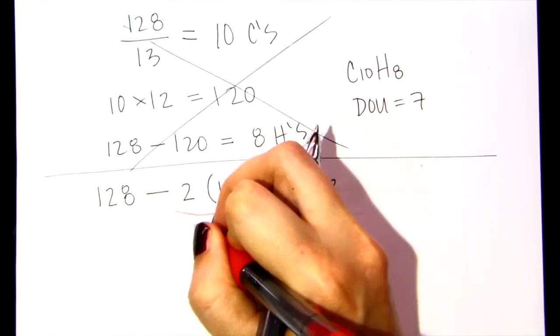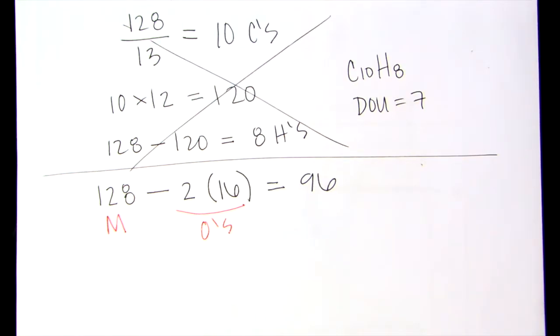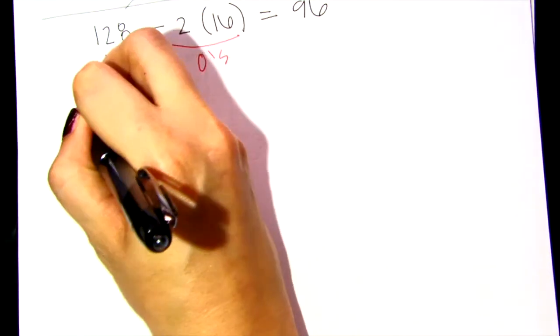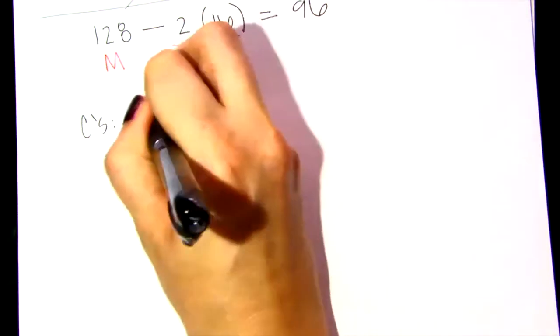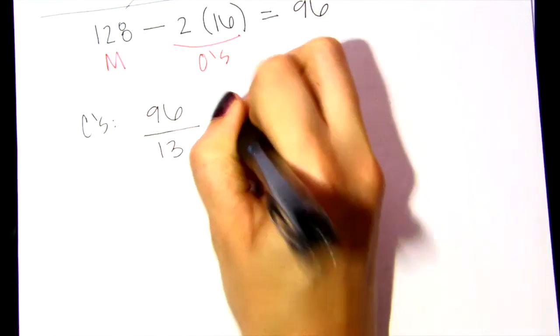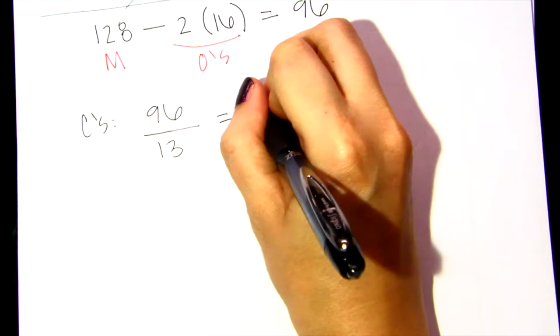Right, this is from our oxygens. This is our mass. And then we can do our rule of 13 for carbons because we don't have any other heteroatom evidence. So 96 divided by 13 comes out roughly to 7.